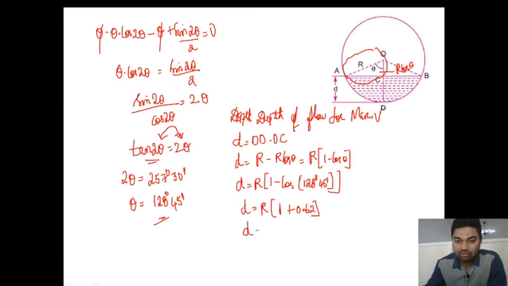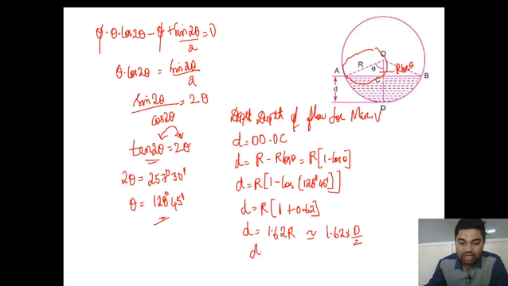So depth of the flow for maximum velocity d is nothing but 1.62 R, which, if we write in terms of capital D, R can be written as D by 2, 1.62 into D by 2.